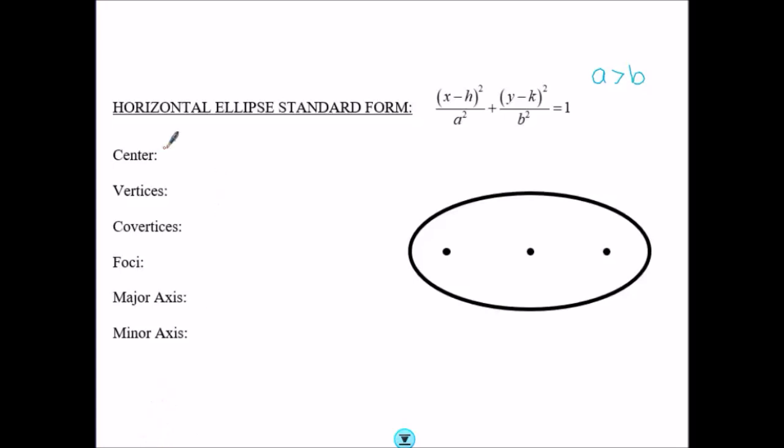So in this formula, the center is going to be h, k, the vertices are a away from the center, so this distance is A. The co-vertices are B from the center. So this distance is B.